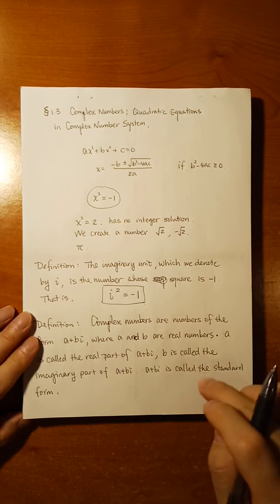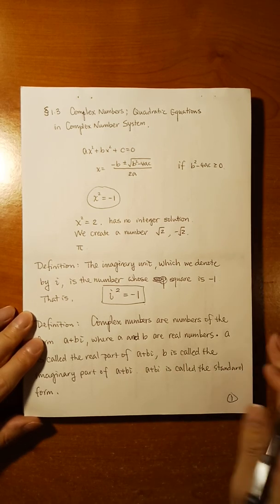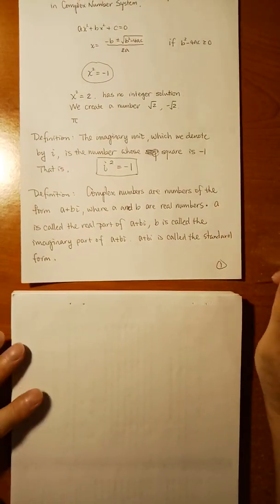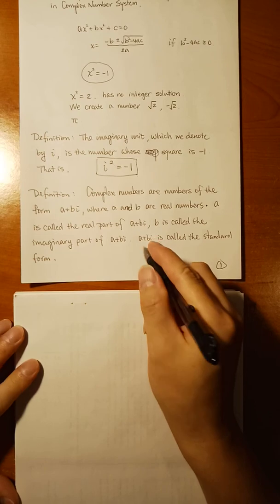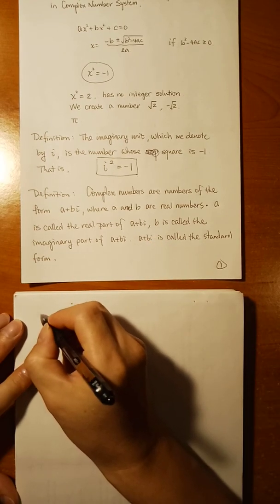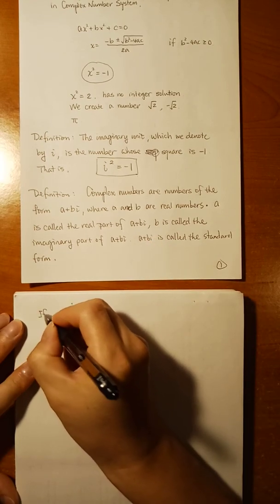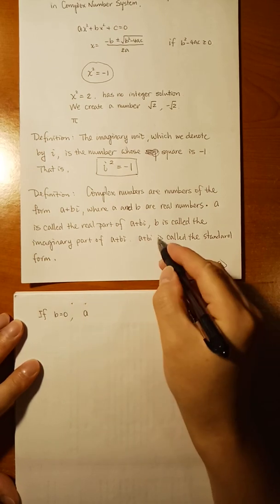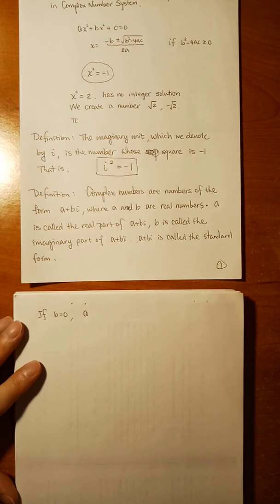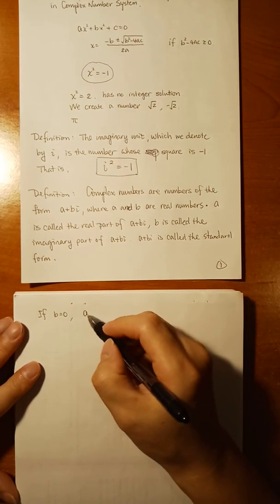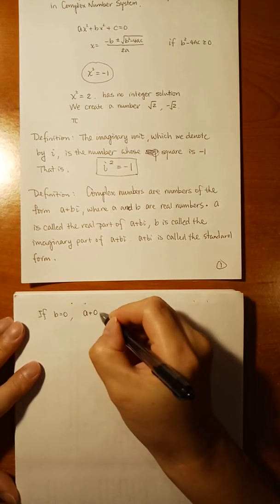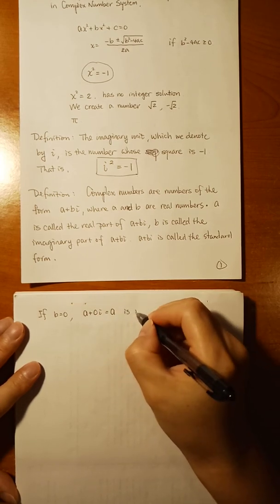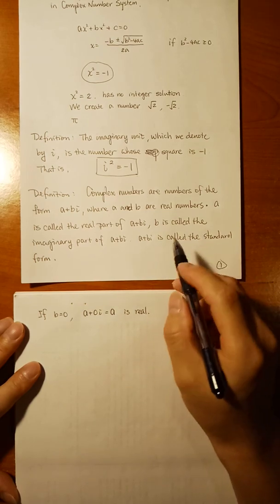And for a plus bi, if b is equal to 0, so let's check the case. If b is equal to 0, then you only have a, since 0 times i, 0 times every number, is always 0. So then you will have only a. Then it is real. a and b are both real numbers.